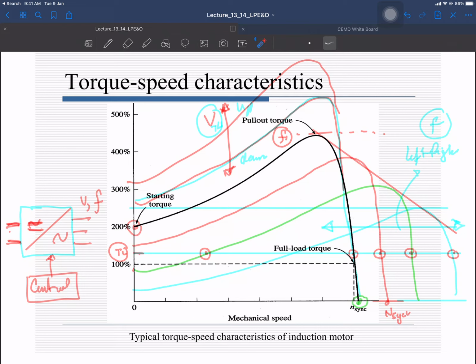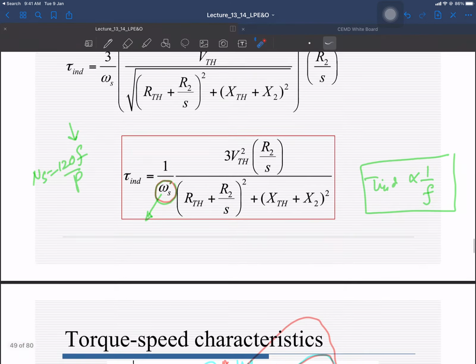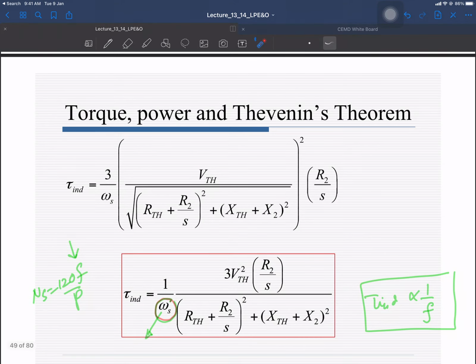So that is the basics of the drives, and for that you must have the equivalent circuit, and we have seen in the previous lecture and in today's lecture how we can simplify the equivalent circuit of the induction motor such that we can develop the torque speed curves. So you must know the machine parameters. Okay, so we have seen the effect of the voltage. With the voltage, the torque is directly proportional, right?